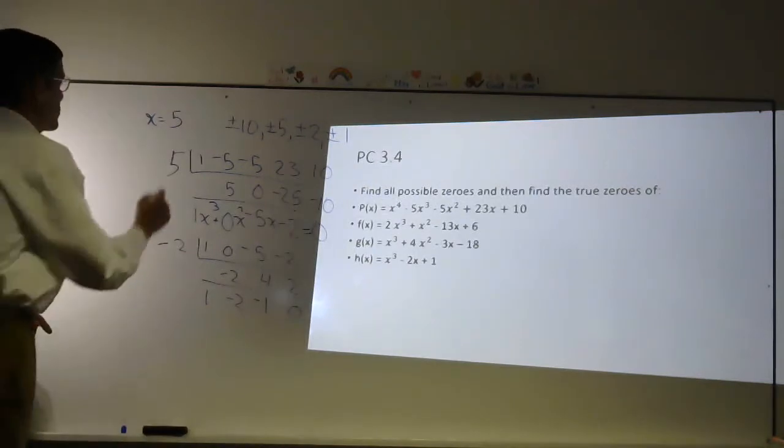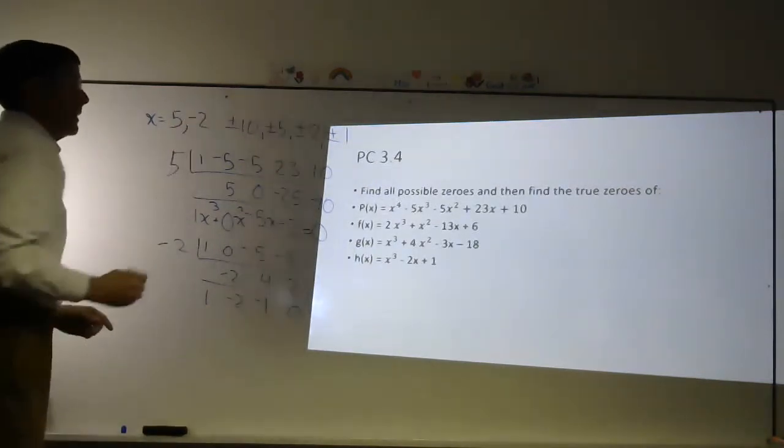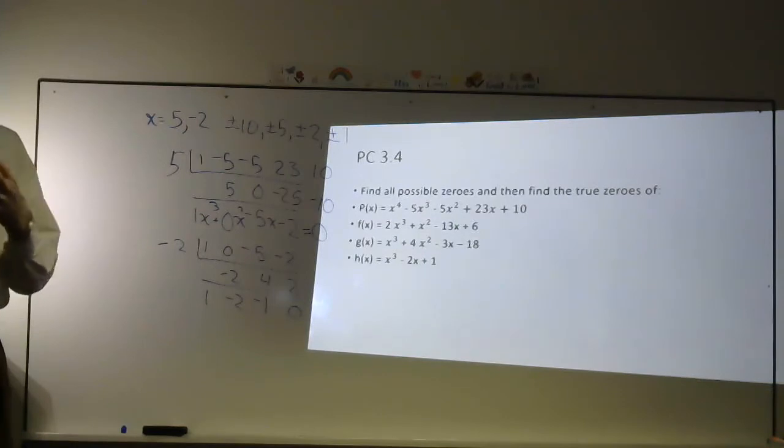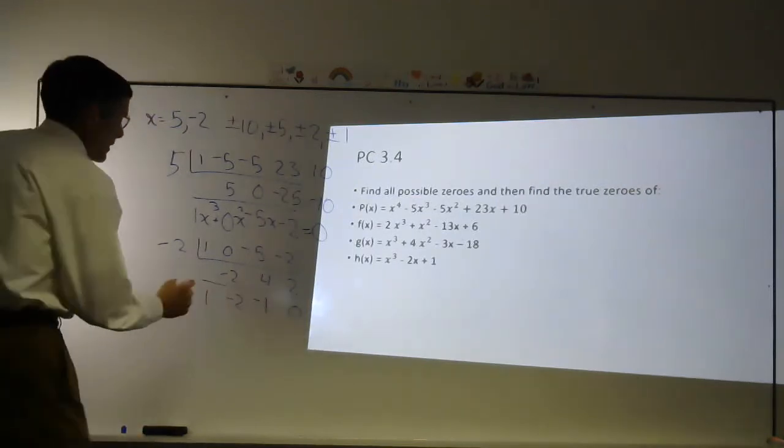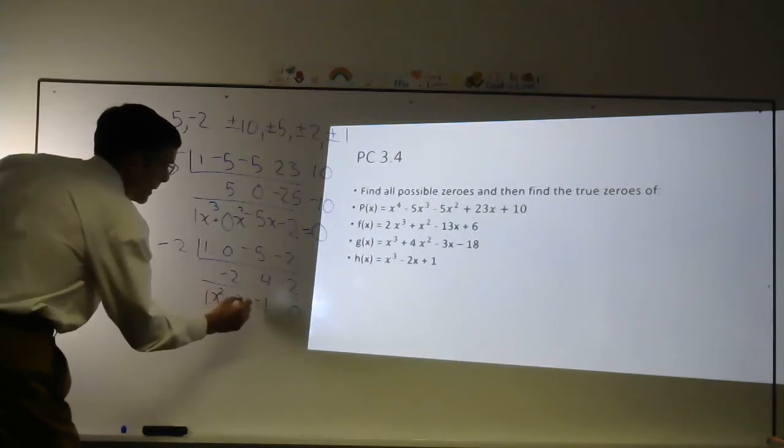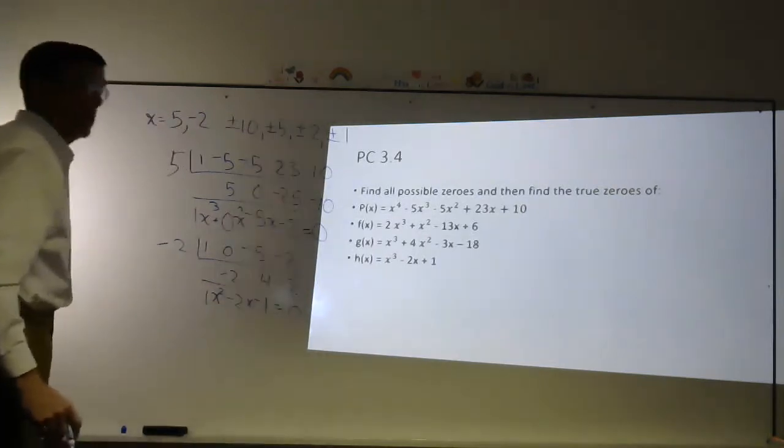That one works. We have another 0 of -2. X plus 2 is a factor. And we are left with a quadratic equation right here, which is 1x squared minus 2x minus 1.